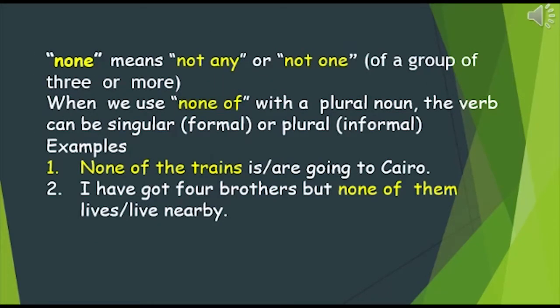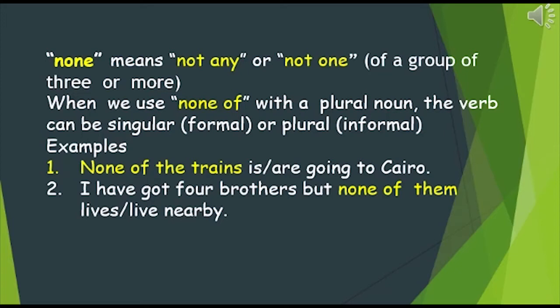None means not any or not one. معناها لا أحد أو لا شيء. Of a group of three or more. طبعا مجموعة بنقصد بها مجموعة خاصة بثلاث أشخاص أو ثلاث أشياء أو أكثر.